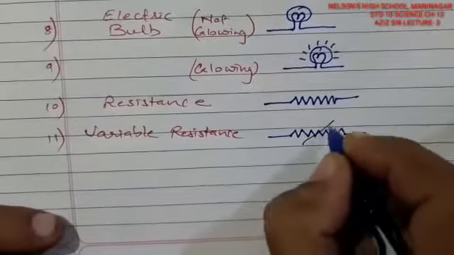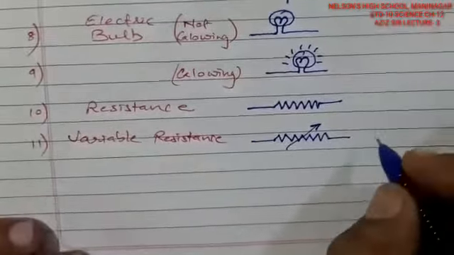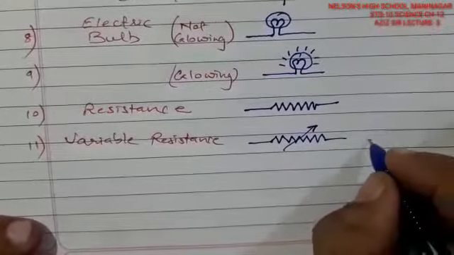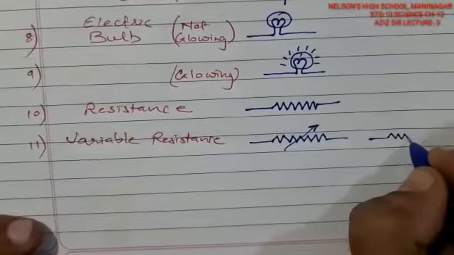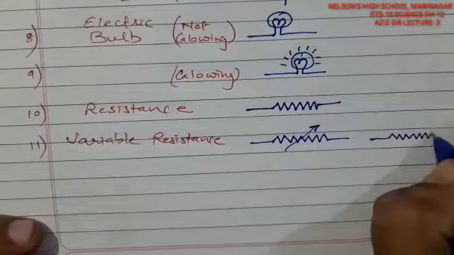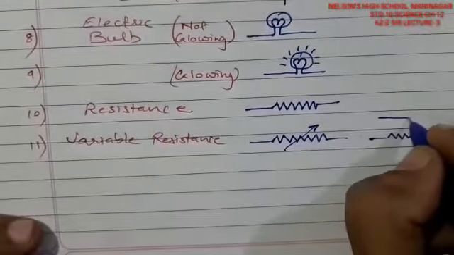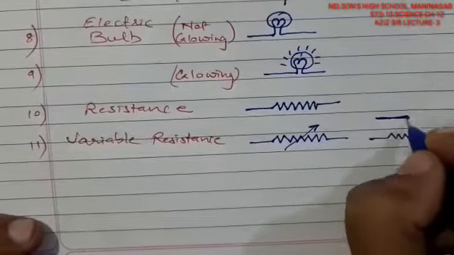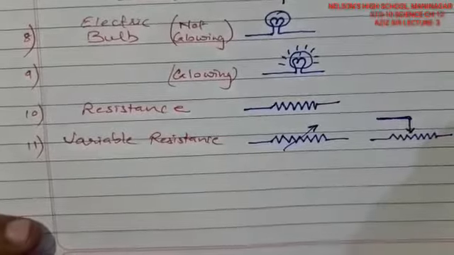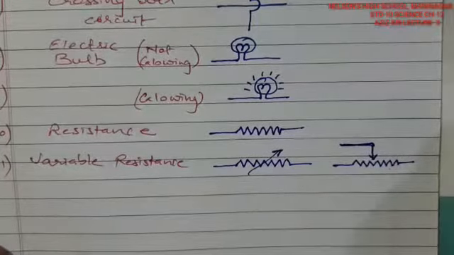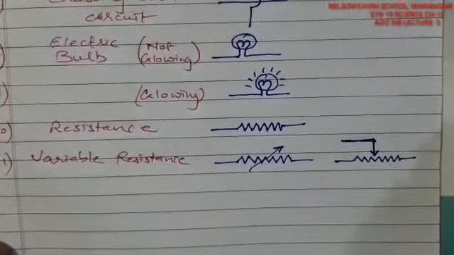So this is a variable resistance, this is a variable. This can be drawn in the form of rheostat also, and another line which is coming here and can be shown by an arrow. Okay, this much resistance only we need, fine. So this is a variable resistance.